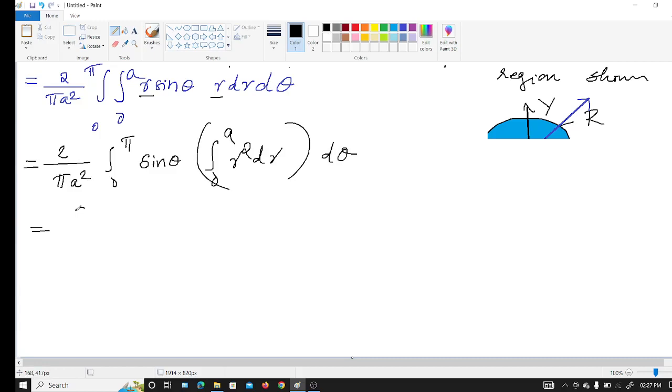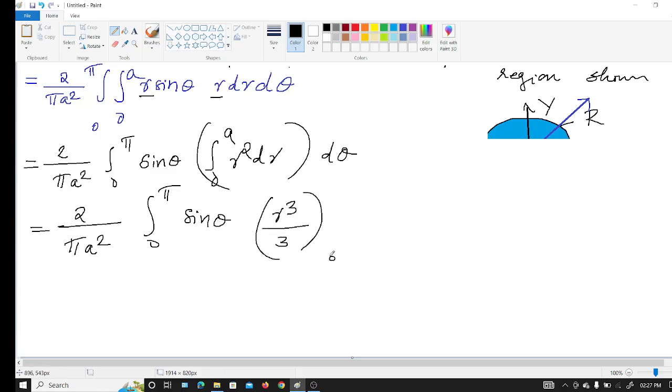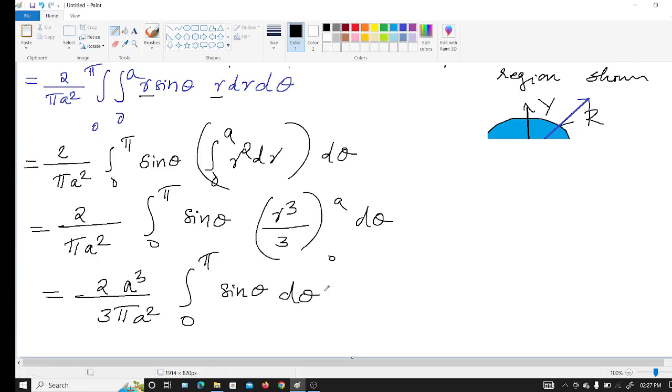So this is equal to 2 by pi a square, integral 0 to pi sin theta, then r cube by 3 from 0 to a, d theta. So this is equal to 2 by 3 pi a square. Now we can substitute the upper and lower limits for r, so that becomes a cube only. Now there remains integral 0 to pi sin theta d theta.